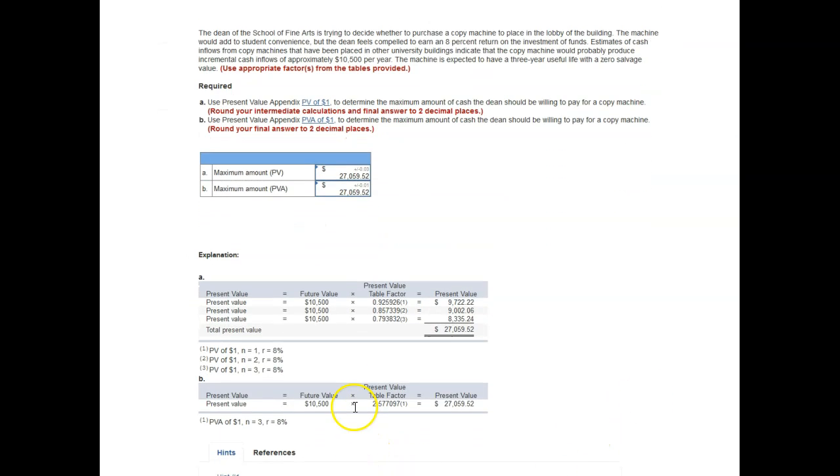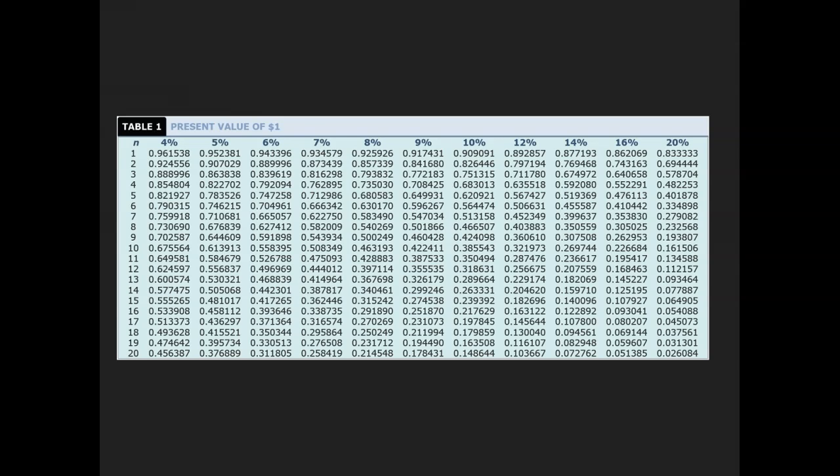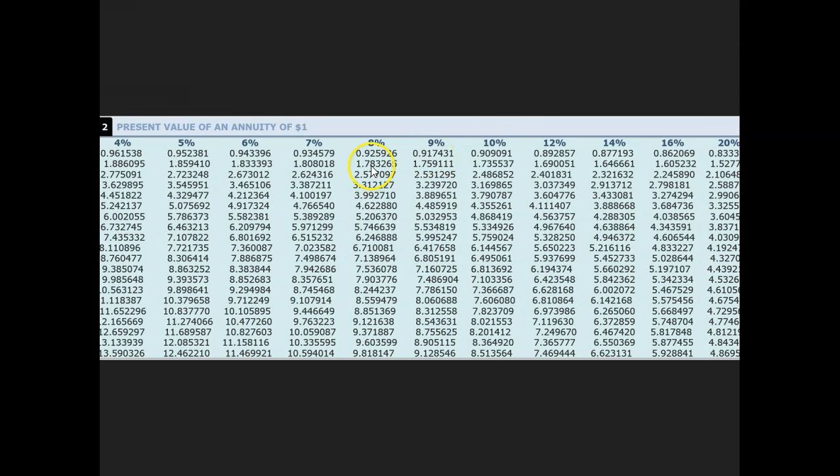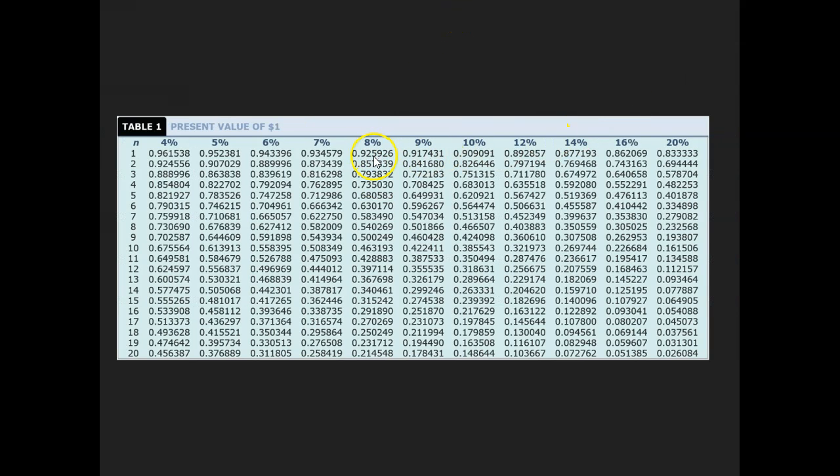Now what we can do is compute one calculation. Since we're using the annuity table, it's right here. We can go 3 periods, 8%, use this one number, because this one number accumulates all these from the present value of $1 table.